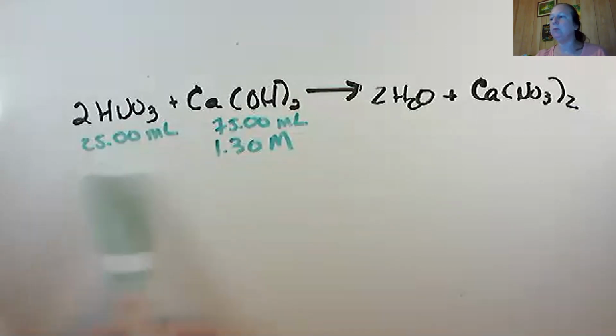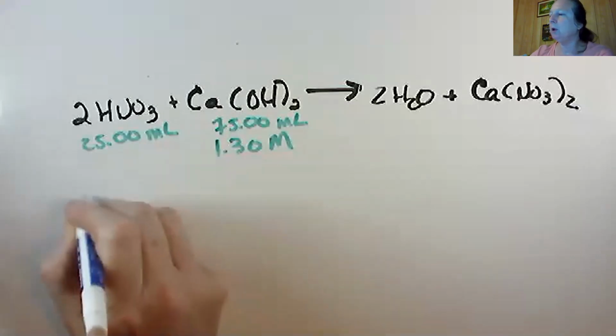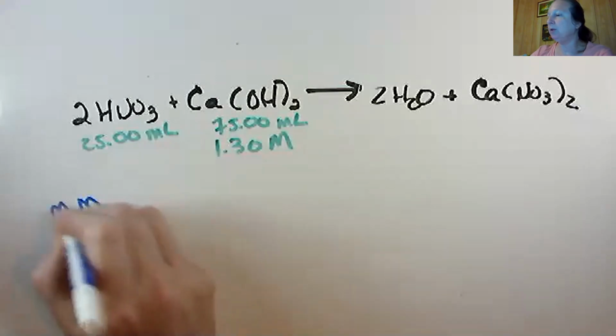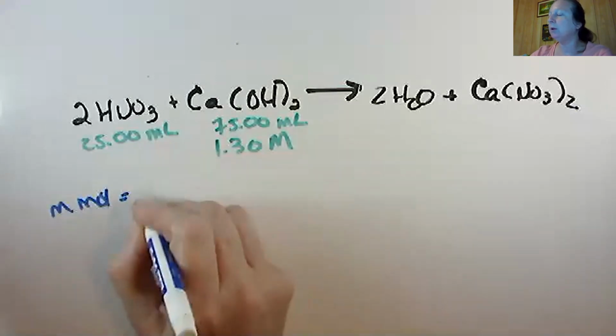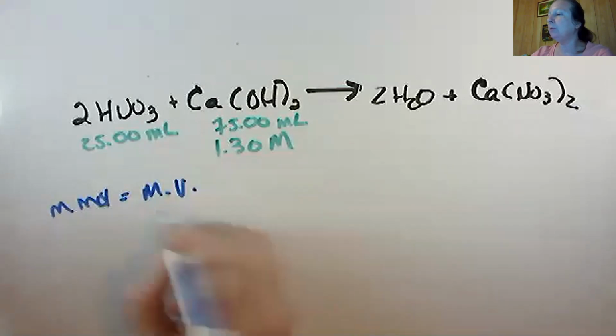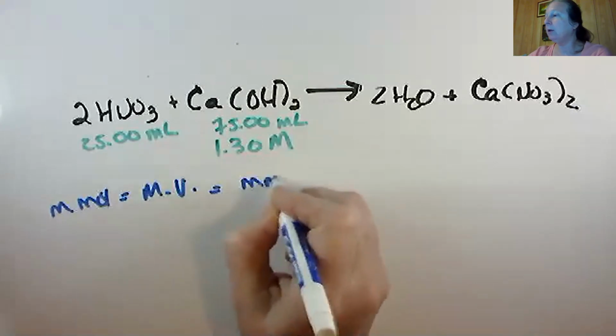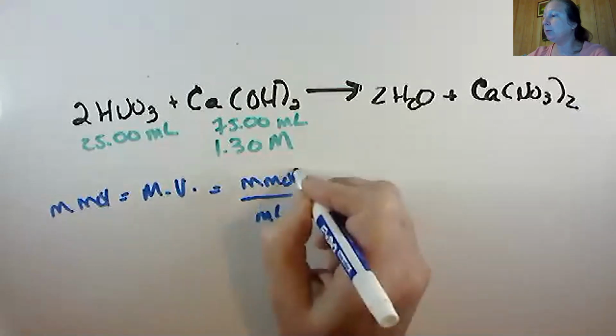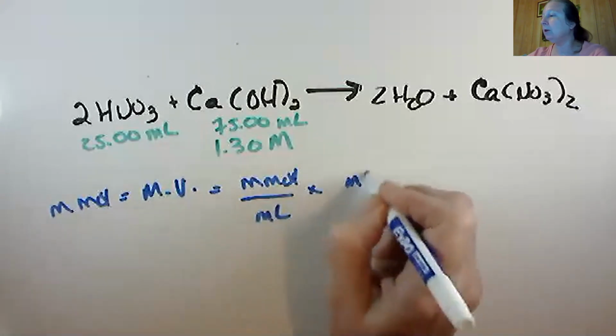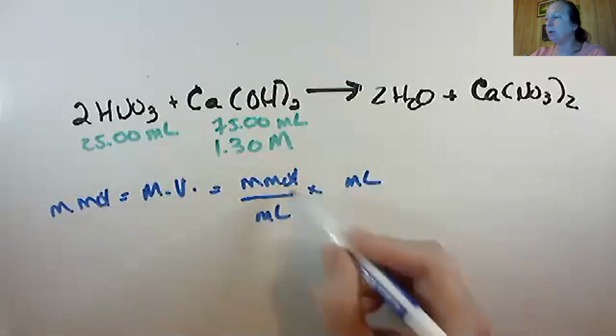To do that, you need the number of moles. So let's find out how many moles of base that we used. So again, moles or millimoles, I'm going to use this again because I have milliliters, equals concentration times volume. And if I write my molarity as millimole over milliliter, which is perfectly acceptable, and my volume is going to be milliliter, my milliliters will cancel out and give me millimole.